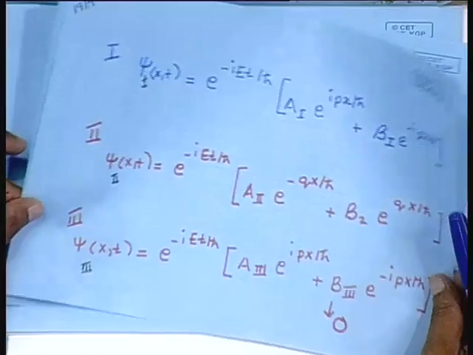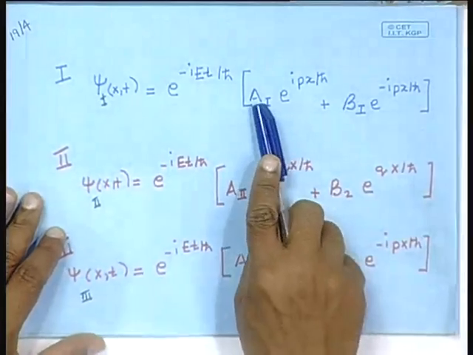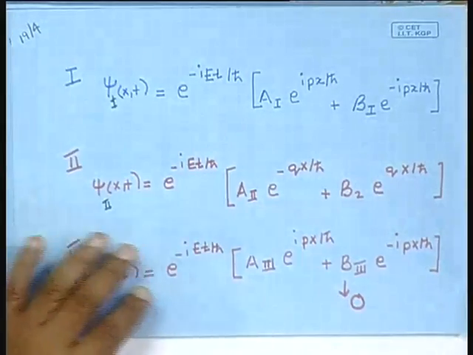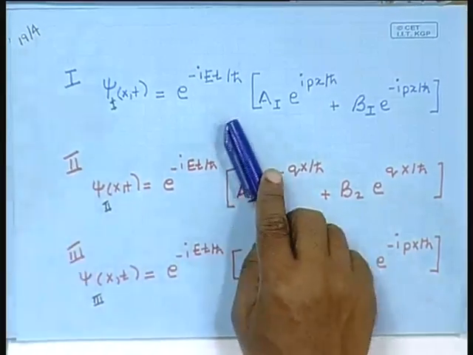So, let me show you these again. A1 is the amplitude of the incident wave.